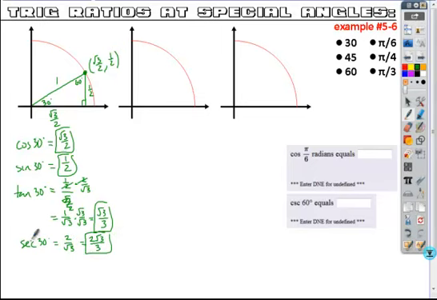The cosecant of 30 degrees is the reciprocal of 1/2, which is 2. The cotangent of 30 degrees is the reciprocal of the tangent. If we take 1 over root 3 and flip it, we get root 3 over 1, and that would be your cotangent. So that's the 30-degree angle.